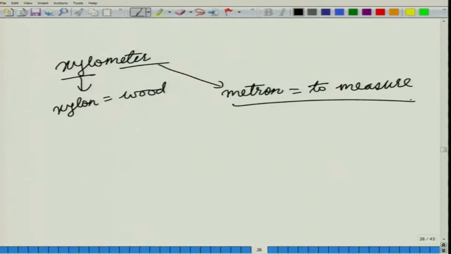Metron is the same word that goes in biometry, or say photogrammetry, or say trigonometry. So, metron means to measure, xylon means wood. This term also comes in, say, xylography.